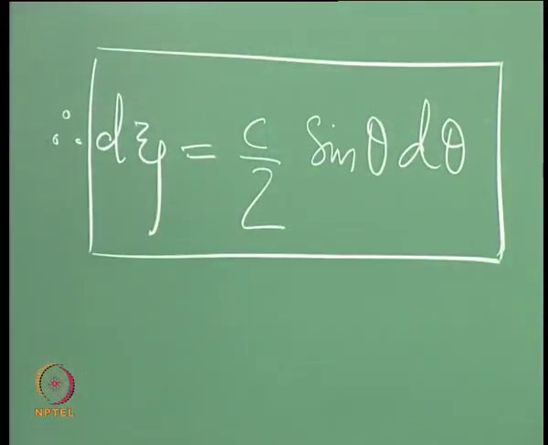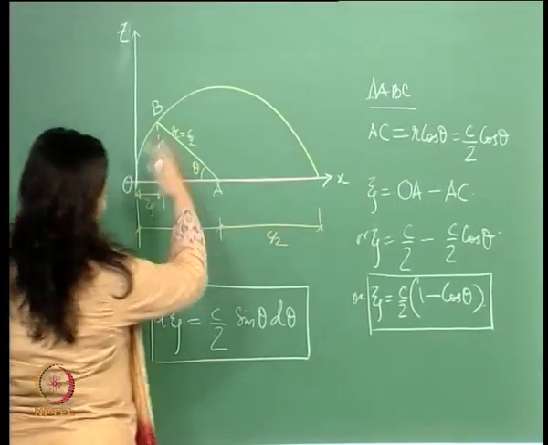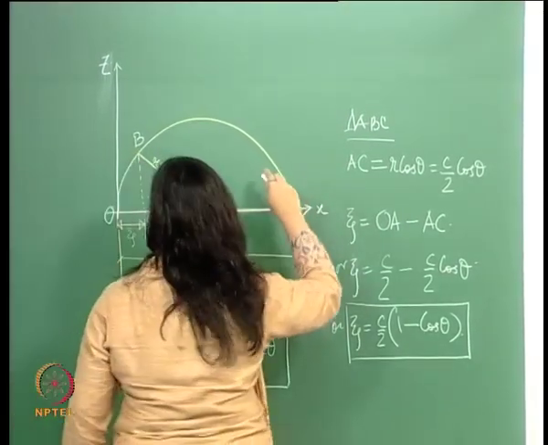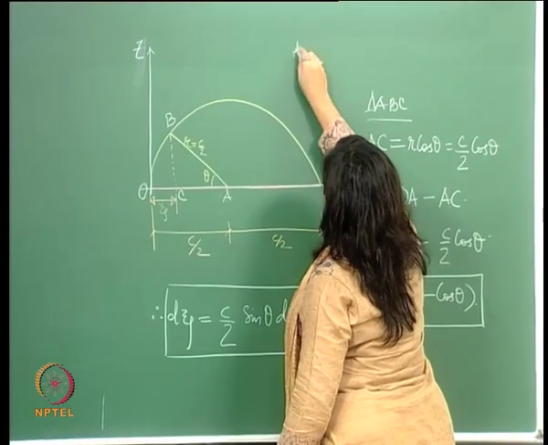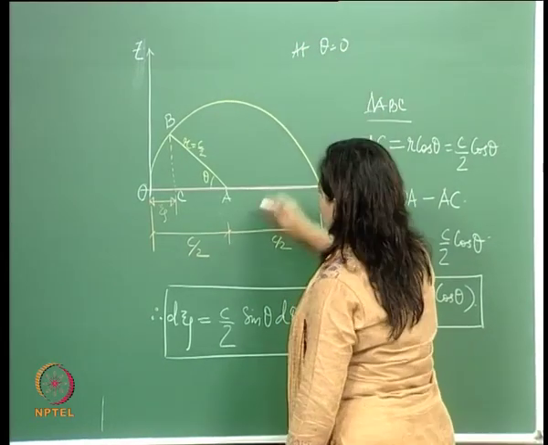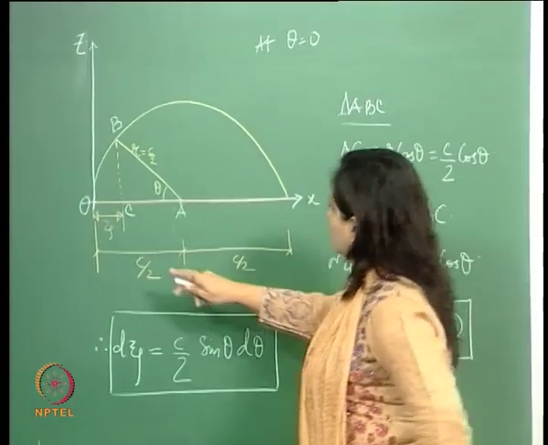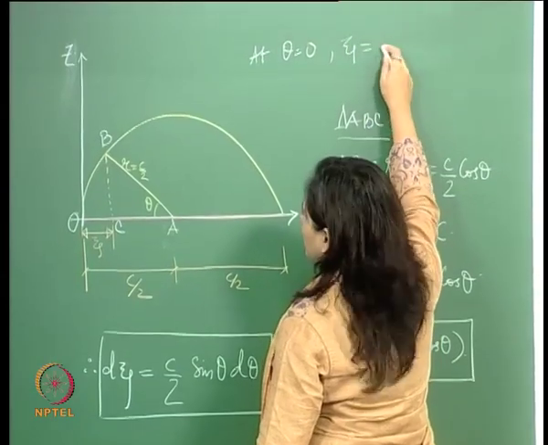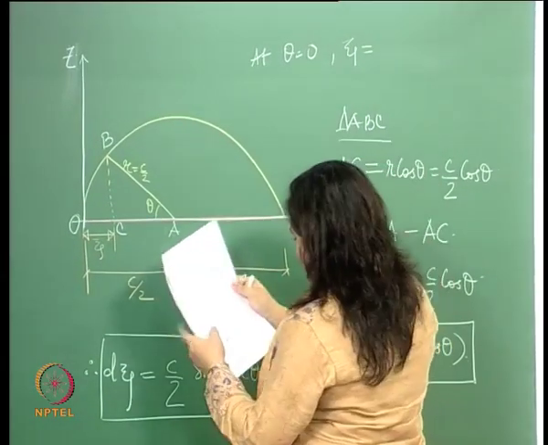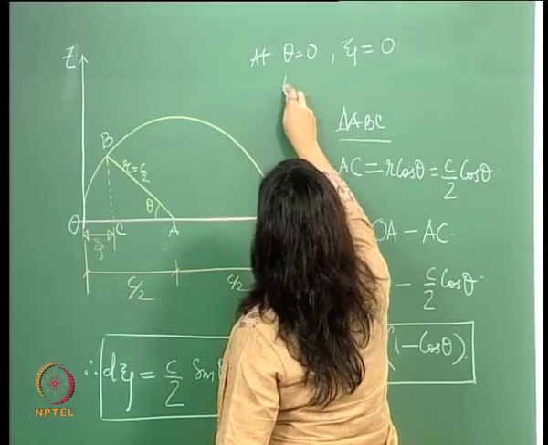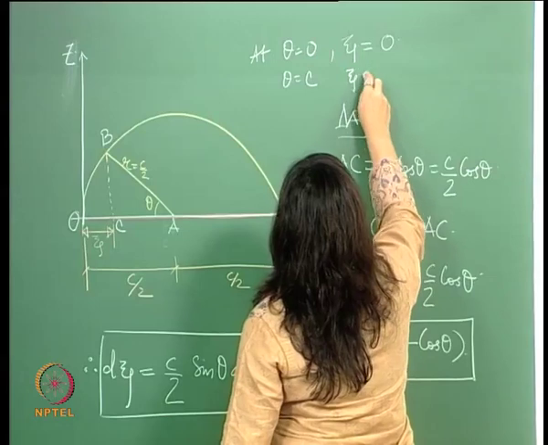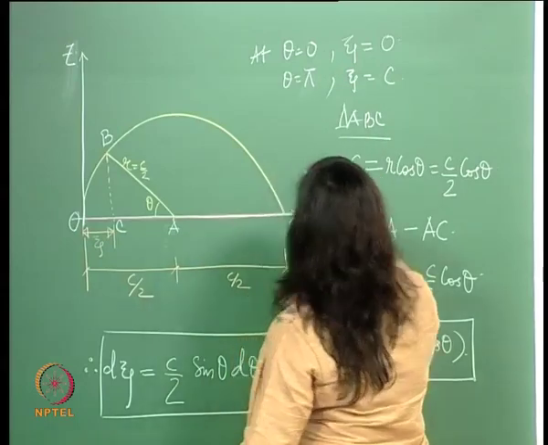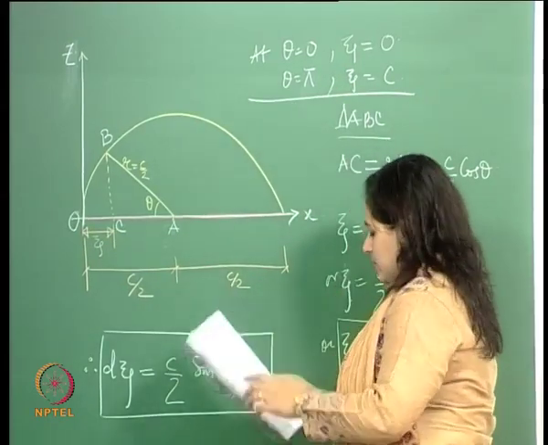Okay. And of course, also if you can see from the geometry here, at theta equal to 0, z is equal to 0, and at theta equal to pi, z is equal to c.